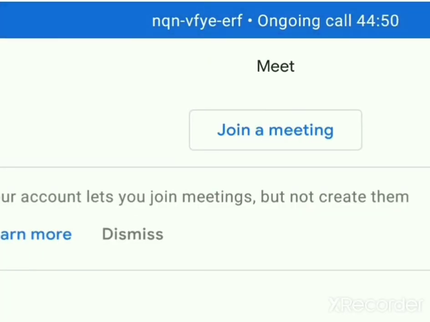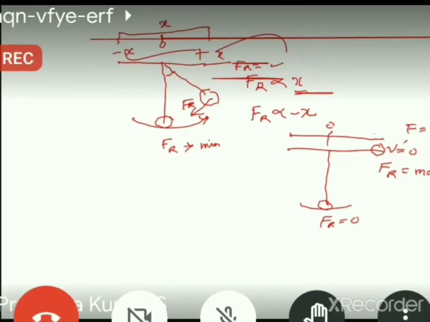This is the displacement, starting from x here, plus x. You see that here at this point x is maximum, and x is maximum here also. Here x is minimum. Therefore, the restoring force Fr is proportional to x, and it is directed in the opposite direction, therefore it's negative.